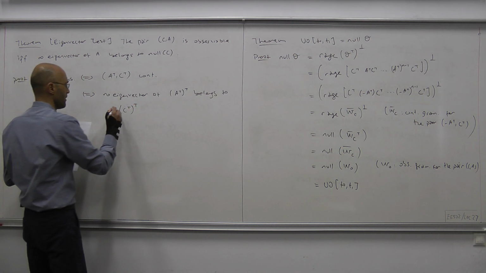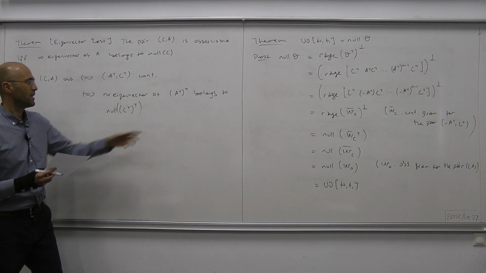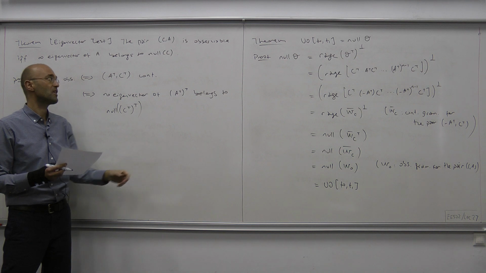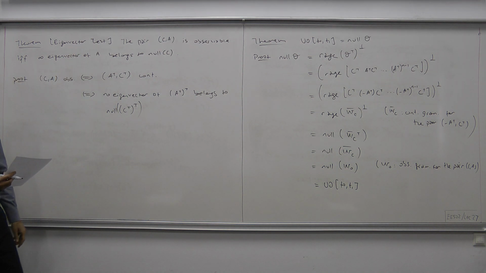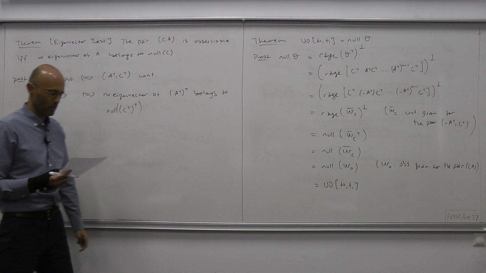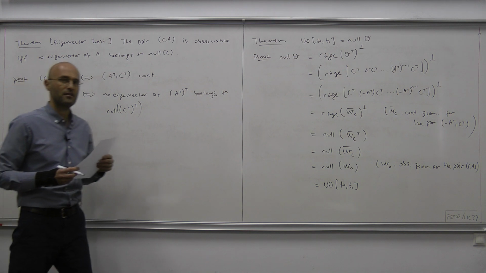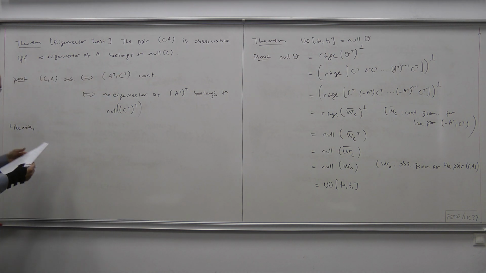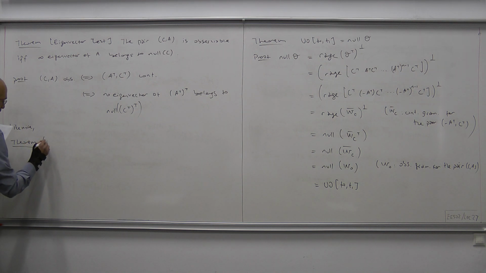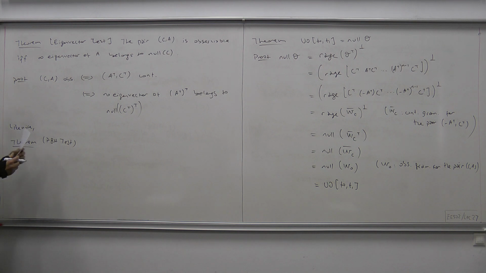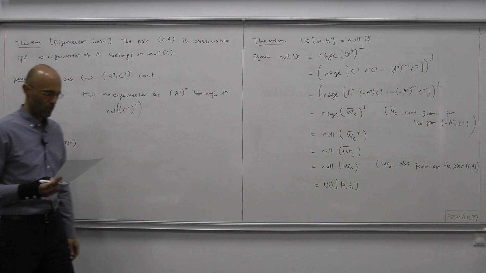Now, since A transpose transpose is A itself and C transpose transpose is C itself, we have this eigenvector test for observability. And just another way of writing this eigenvector test is called the PBH test. So we have now the PBH test for observability.